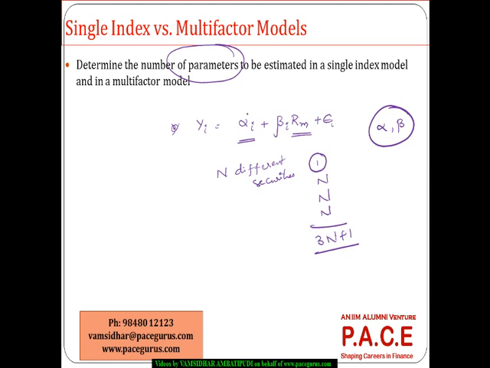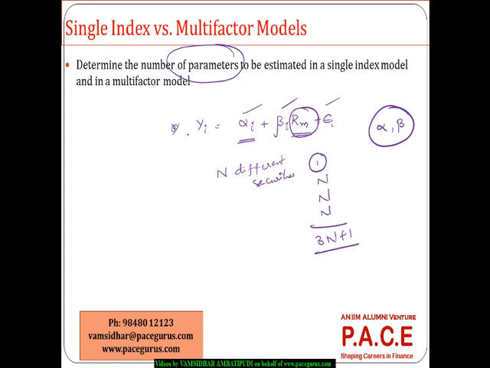I need to express for each security the alpha, beta and the epsilon, and I need the market return here. So overall I require 3n plus 1 items.